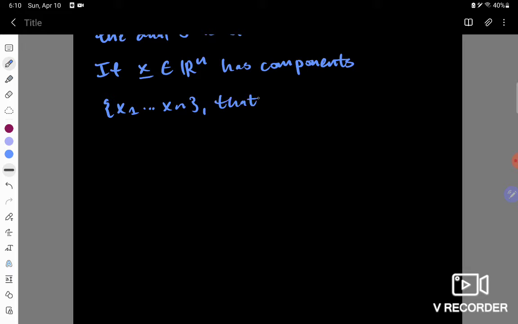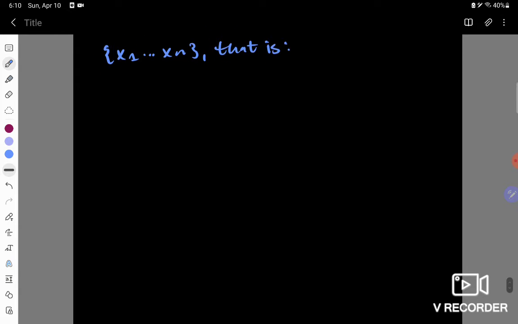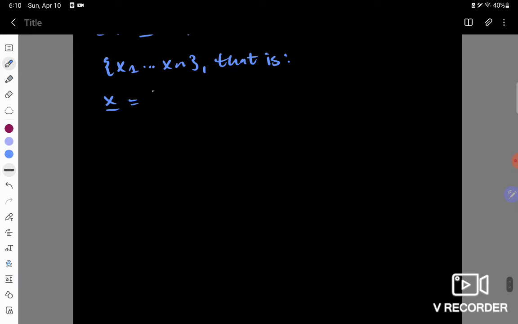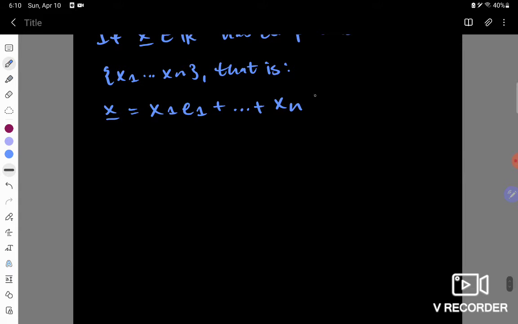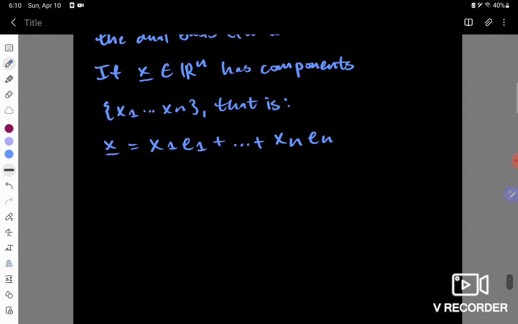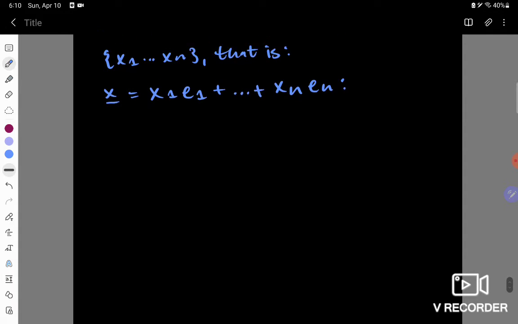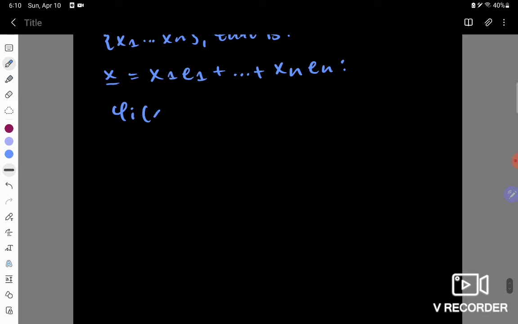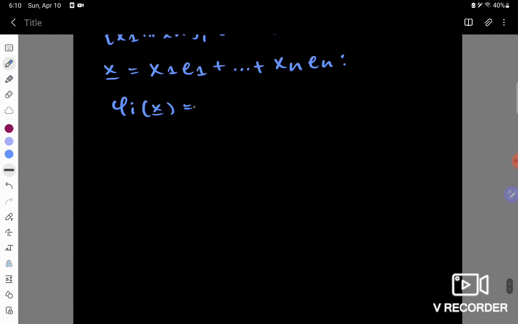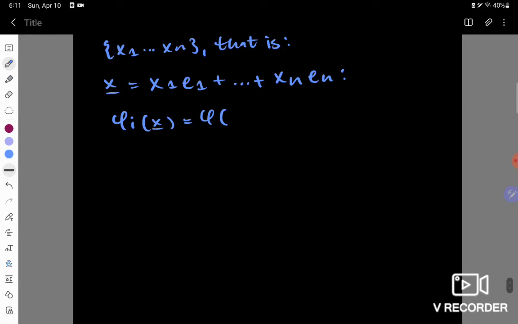That is, x can be expressed as the sum over these basis vectors, x_1 e_1 plus all the way through x_n e_n. We have phi_i of x, which equals phi_i of x_1 e_1 plus all the way through x_n e_n, and this just equals x_i.